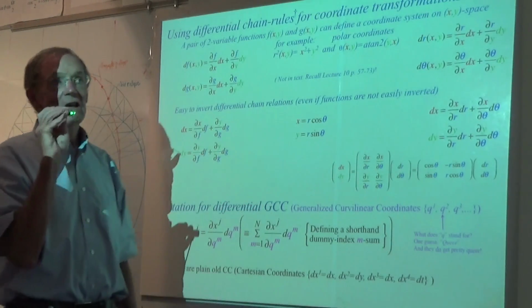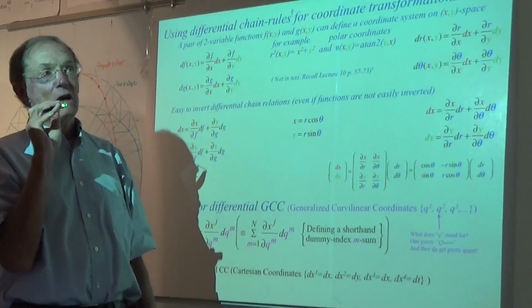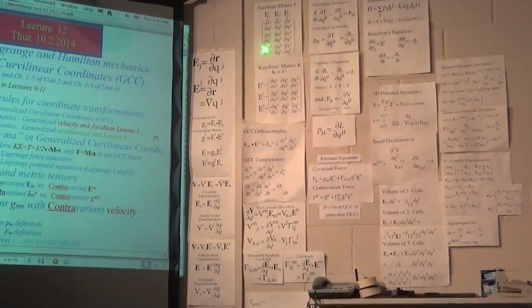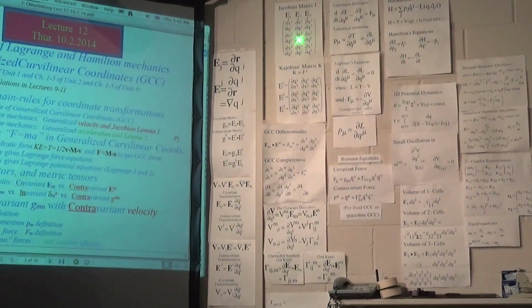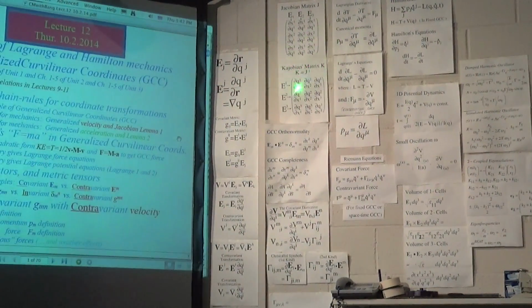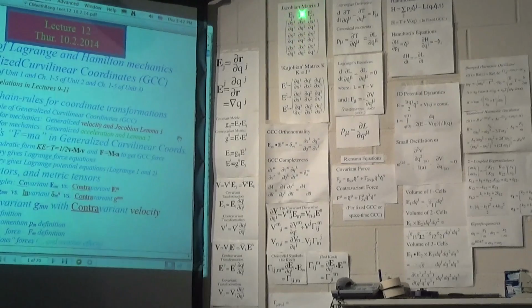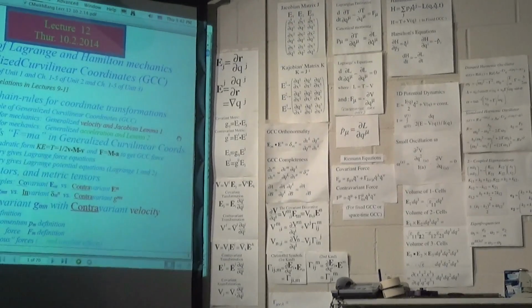So you'll see over there on the wall again, we have a Jacobian matrix in which the Cartesian x1, x2, and x3 are on top, and the q1, q2, and q3 are on bottom, and those are all nine combinations of those three things with those three things. And then the column of the Jacobian, as we'll see, makes what are called covariant vectors.